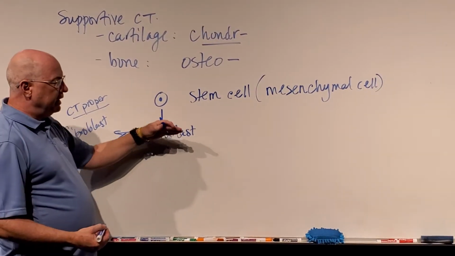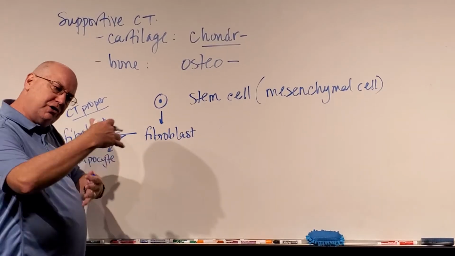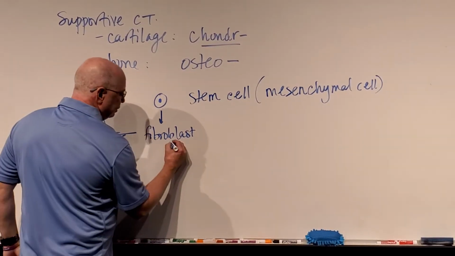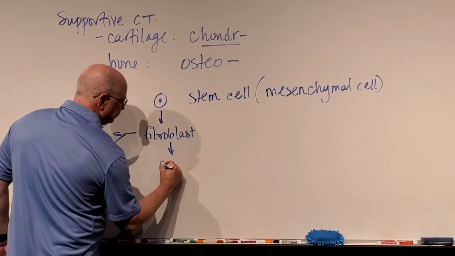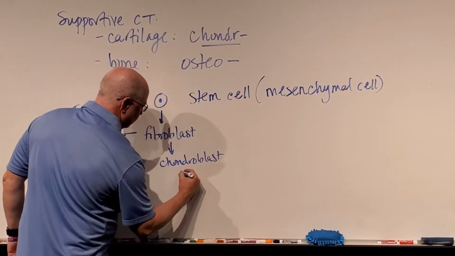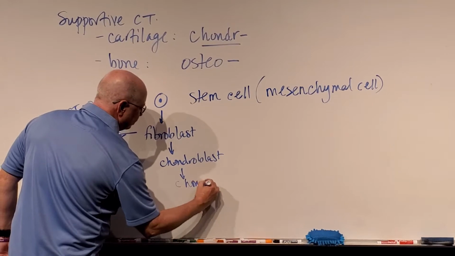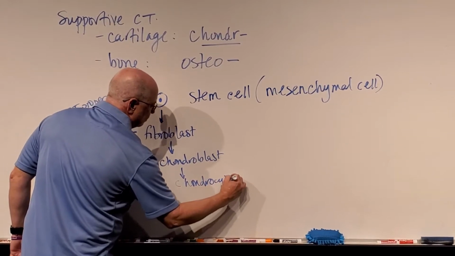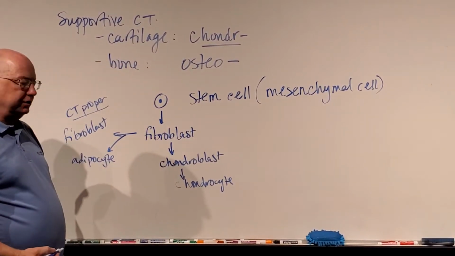Some of the fibroblasts, as they differentiate and turn on different genes, actually go on to become a chondroblast, which will grow up to become a chondrocyte.